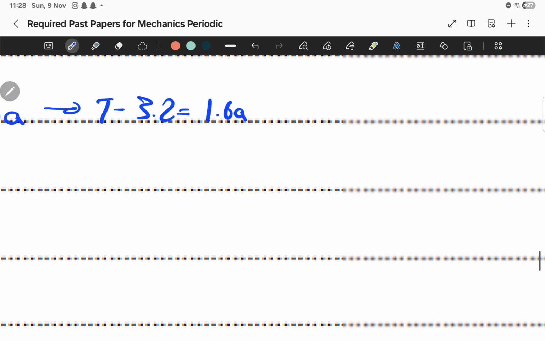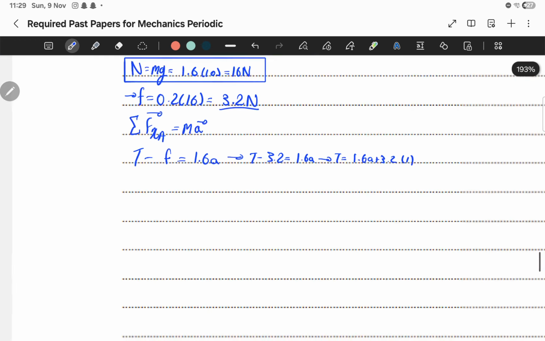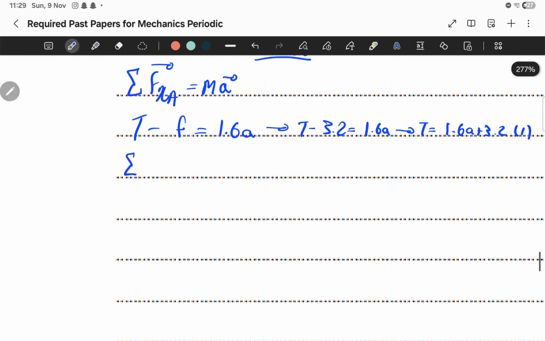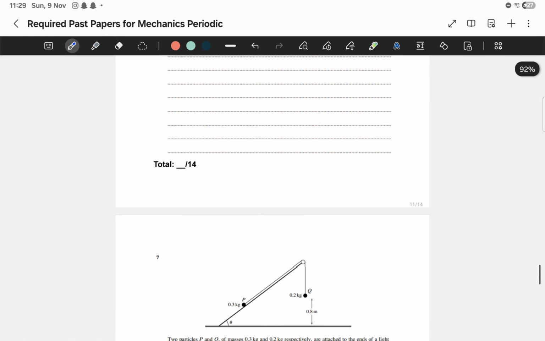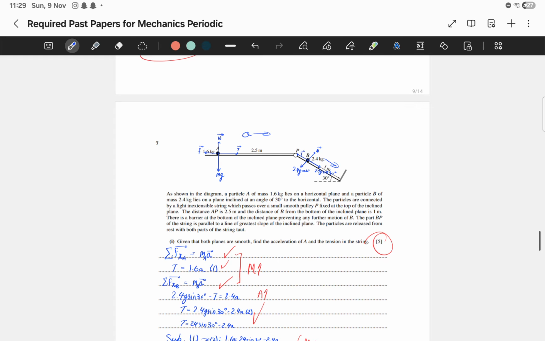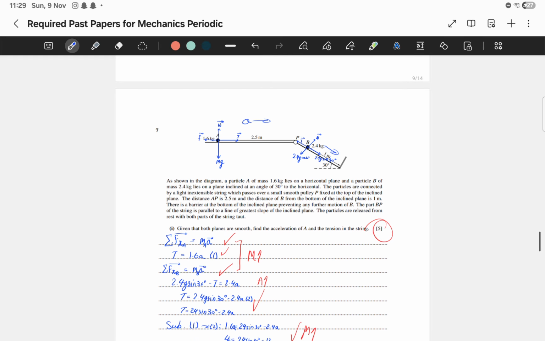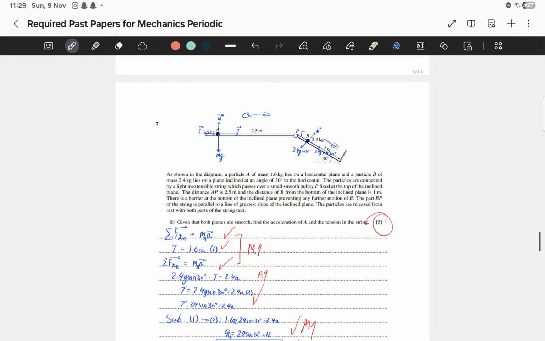Which leads me to the final equation, T equals 1.6 A plus 3.2. This is equation 1. Now sigma Fx of B should be the exact same thing. For this one, tension minus 2.4 G sine 30, or sorry, 2.4 G sine 30 minus tension.